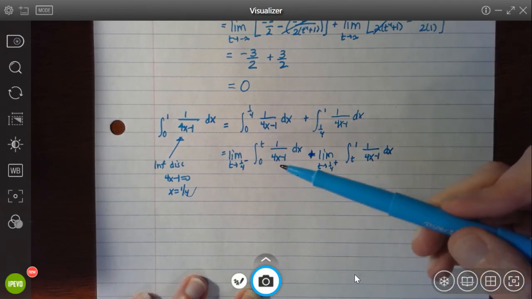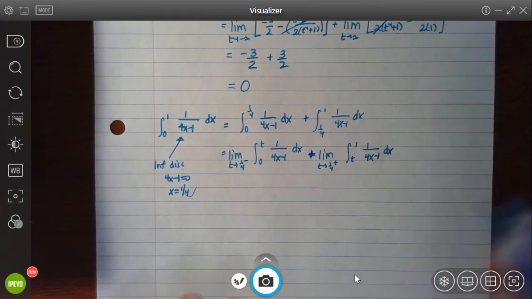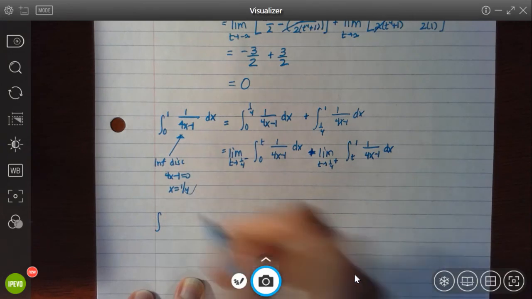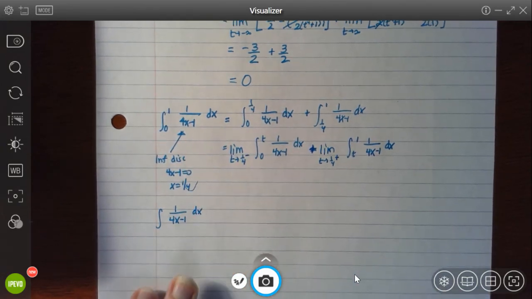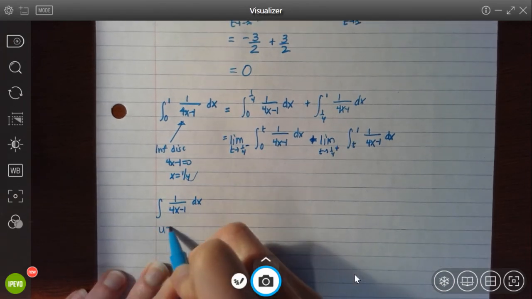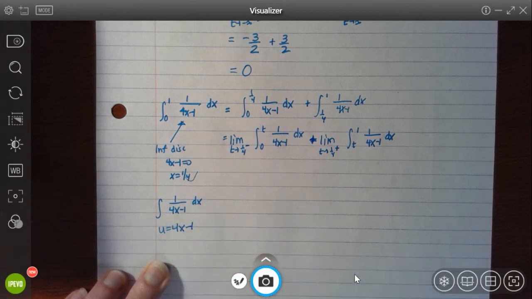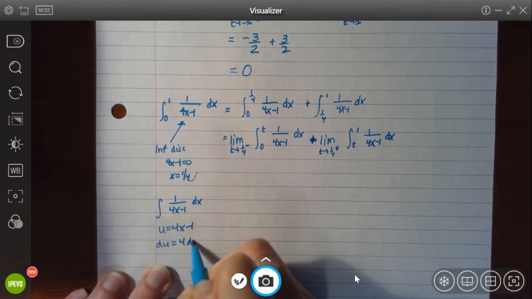To anti-differentiate, again, we need to find the integral of that same function for both of these problems. So if we want to find the integral of 1 over 4x minus 1 dx, we basically, again, can use that u substitution. This time we're going to let u equal 4x minus 1. Du would be 4 dx.